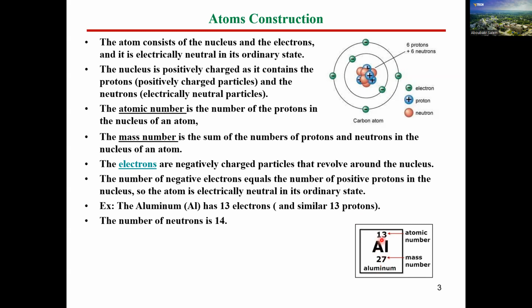So 27 minus 13 is 14. So this atom has 14 neutrons and 13 protons and electrons. This information can be obtained just if we have an element with the well-known atomic number or mass number. Therefore, the atomic number is 13 and the mass number is 27.